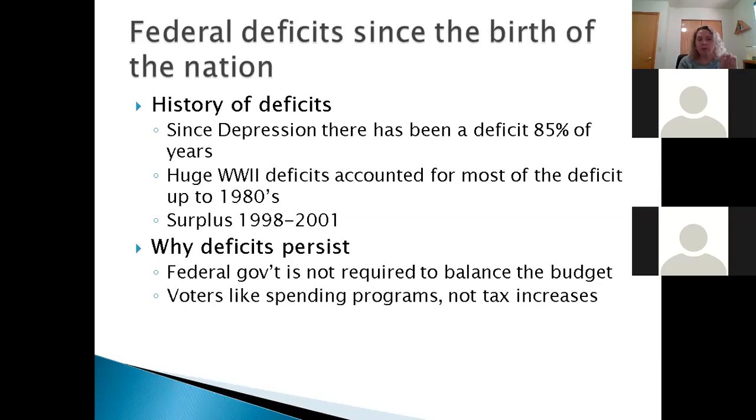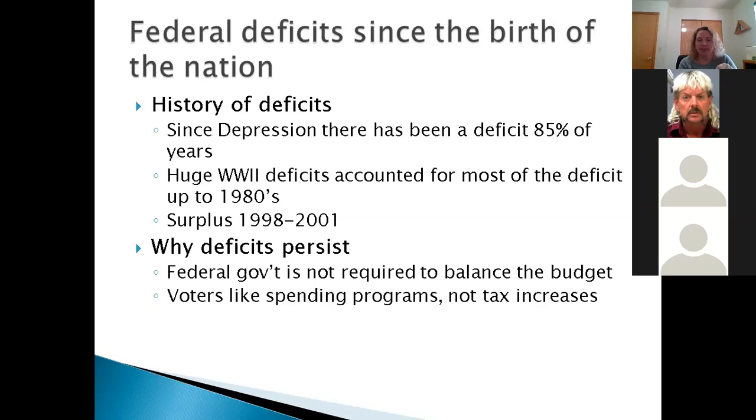So why do deficits persist? Well, we sort of talked about that. I alluded to why deficits persist. And it is because the federal government isn't required to balance the budget. It's not popular to balance budgets.